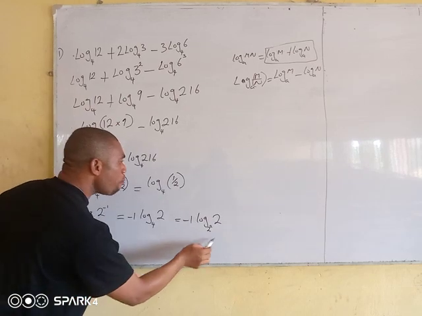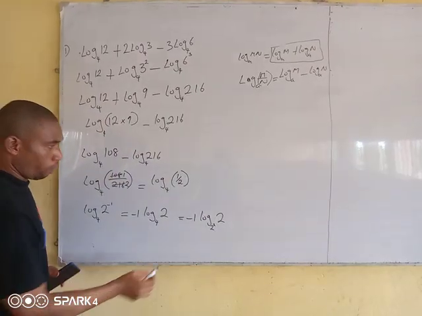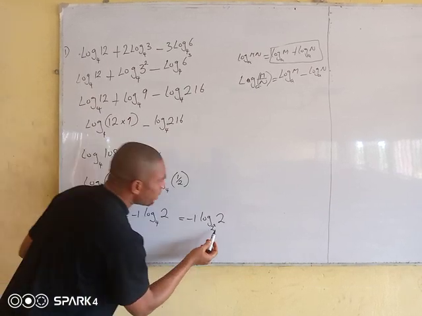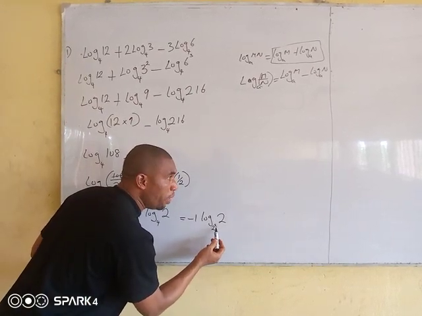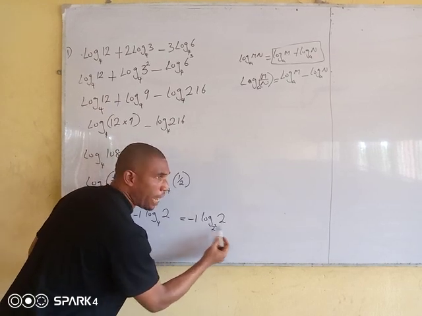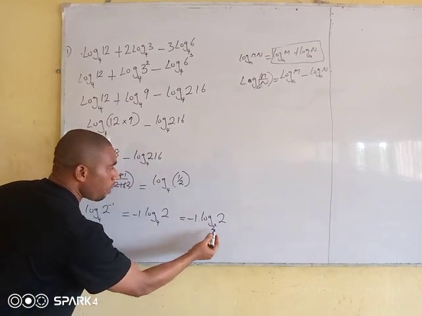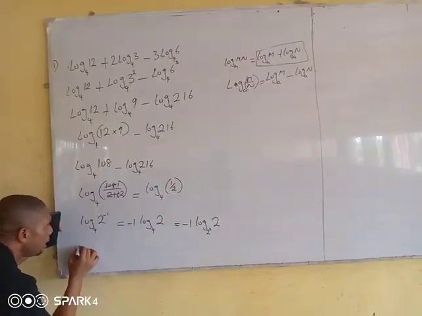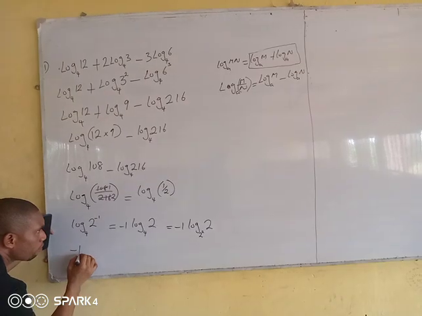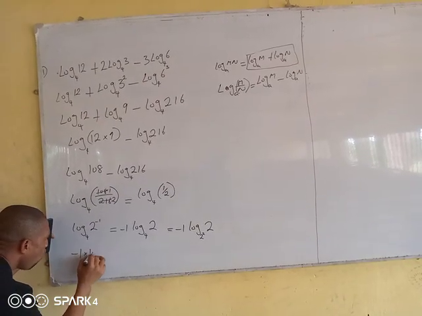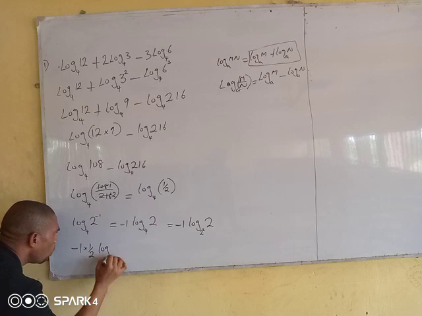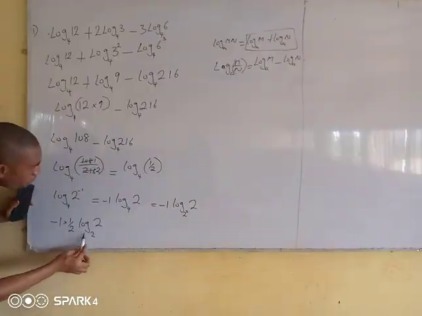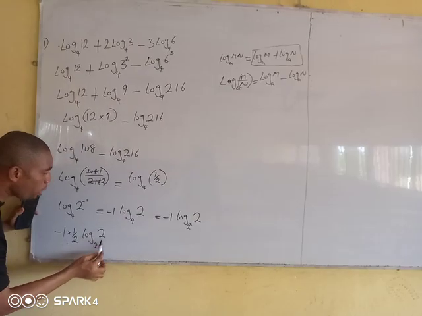From the power of the base, it is simply saying that take the inverse of the power of the base, and it will be used to multiply out the log, meaning I'm going to have negative 1 multiplied by 1 over 2 log 2 base 2.